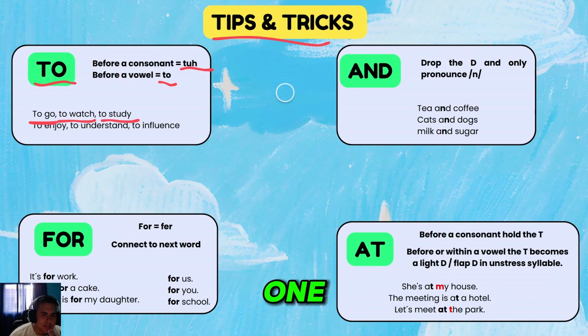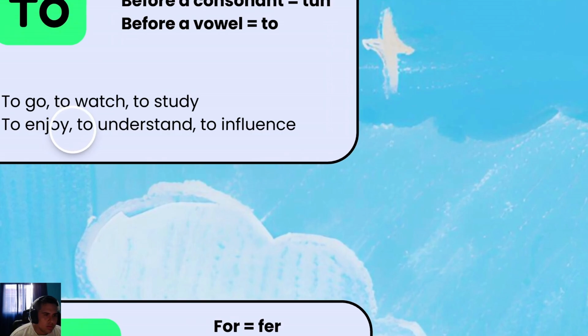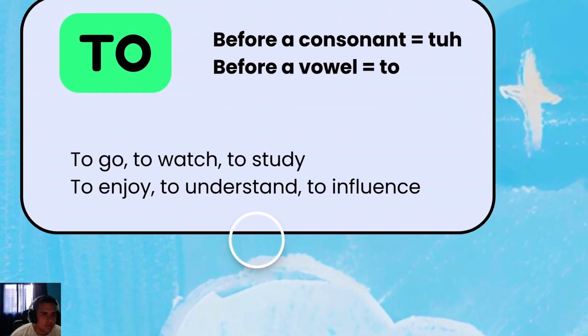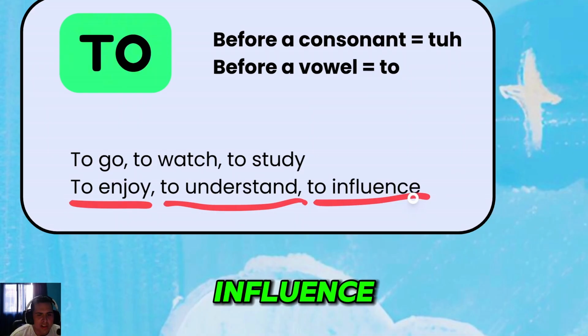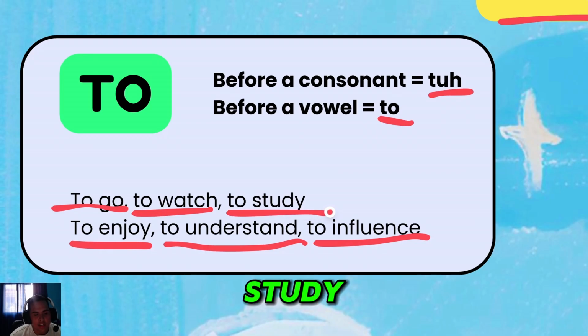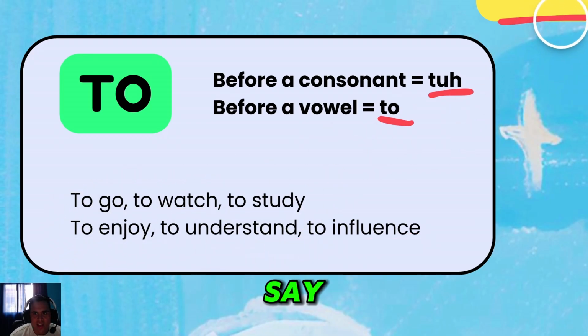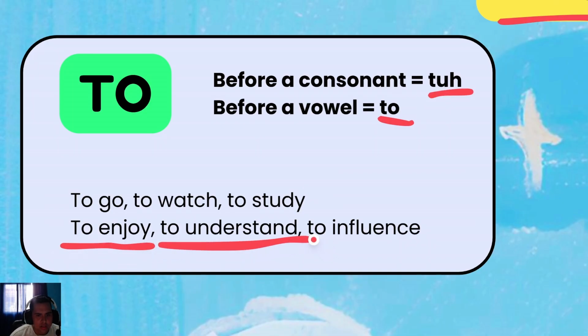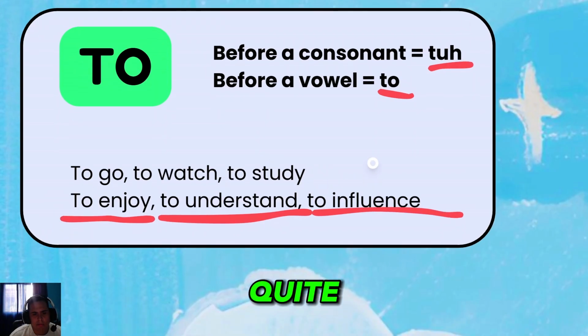In the first ones, before a consonant we say "ta," but before a vowel we say "tu": to enjoy, to understand, to influence. Notice? It's quite a difference.